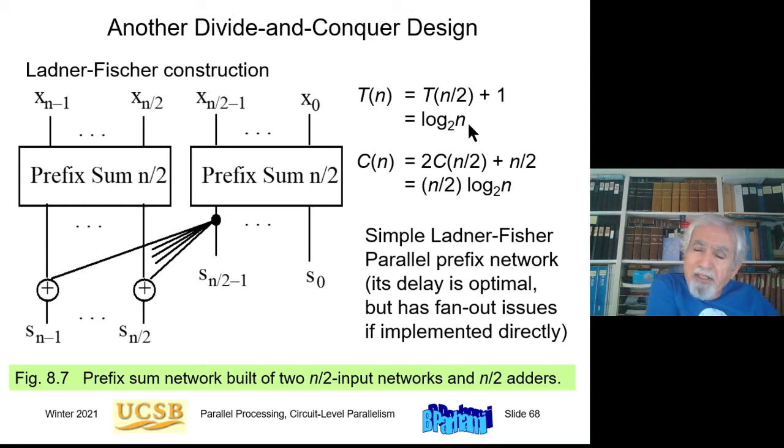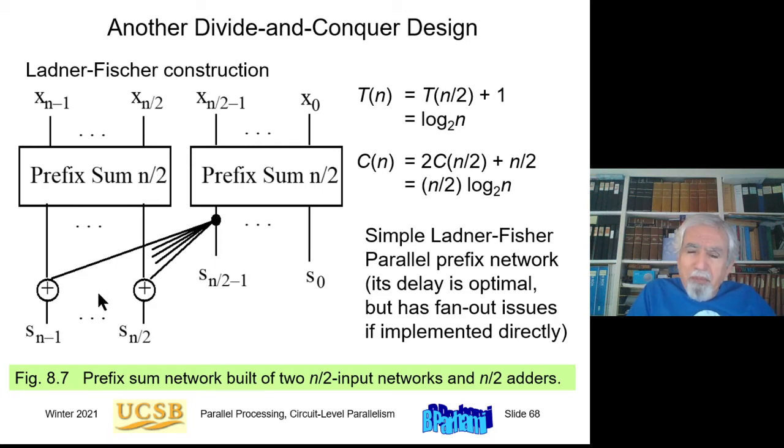So this is a factor of almost 2 faster than the previous design, which had 2 log2 n minus 2. But it uses a lot more hardware. The cost recurrence is C(n) equals 2 C(n/2), 2 copies of these half-size networks, plus n/2, the n/2 adders here, and this will be order n log n. So I cut the delay by a factor of almost 2, but I increased the cost by an order log n factor.